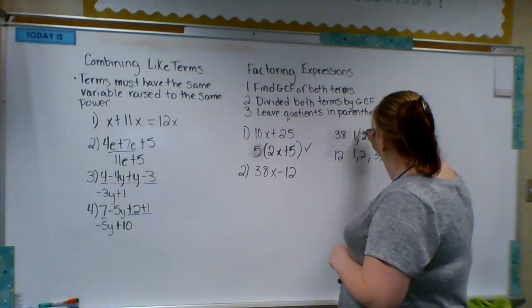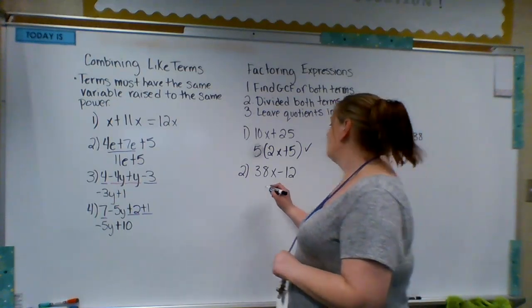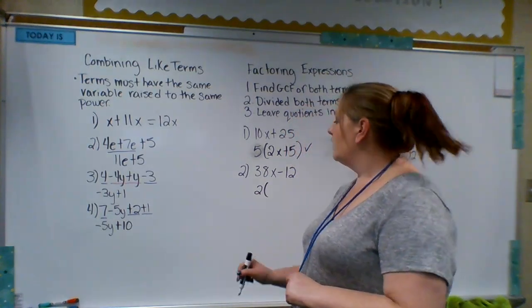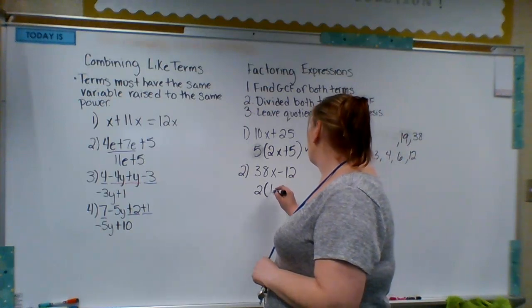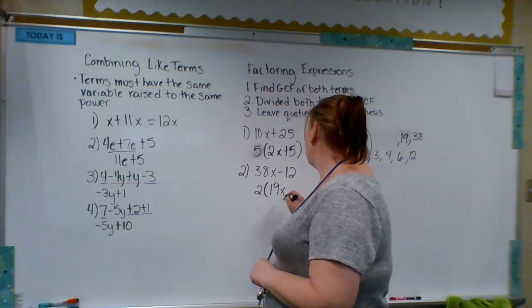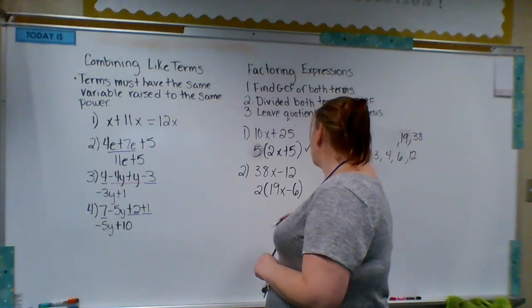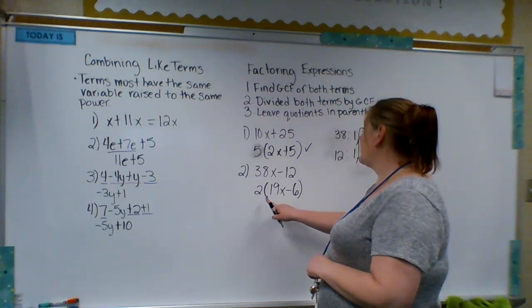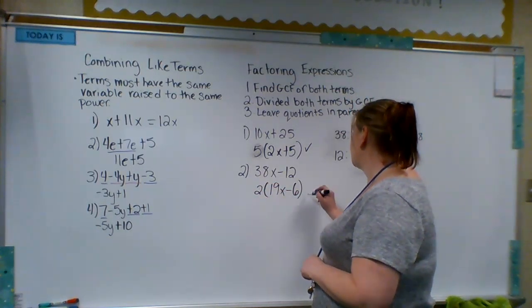So I see here my GCF is 2. Put that outside my parentheses. 38x divided by 2 gives me 19x. 12 divided by 2 is 6. And if I want to distribute, I would get 2 times 19x is 38x, and 2 times 6 is 12.